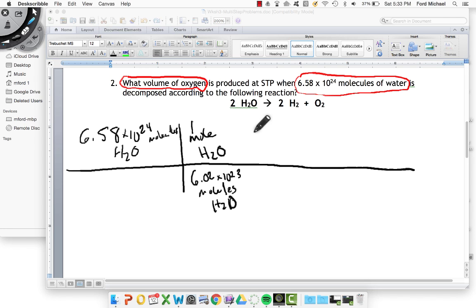Now we're in moles of known. We go to our molar ratio, and we use the fact that 2 moles of water give us 1 mole of oxygen.